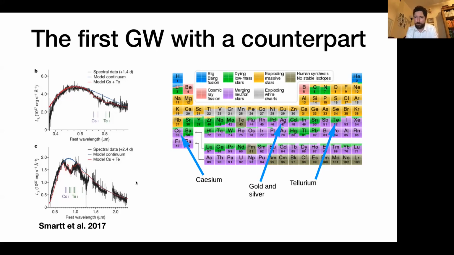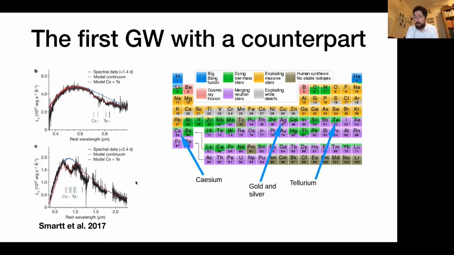These are a class of elements whose origin, until now, was not conclusively known. We now think they are formed predominantly in merging neutron stars. So this was one of the big breakthroughs with the discovery of GW170817.